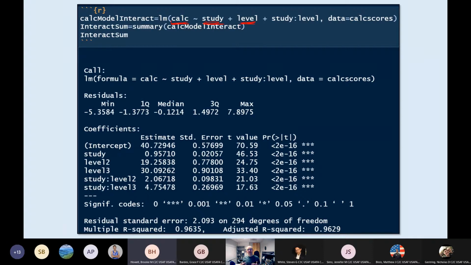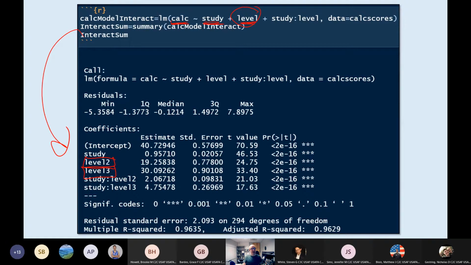Right. So the takeaway is that level is a categorical variable, which even if I didn't tell you, you could tell because down here in the output, there's no level variable, but there's level 2 and level 3, meaning that R has added 2 indicator variables.